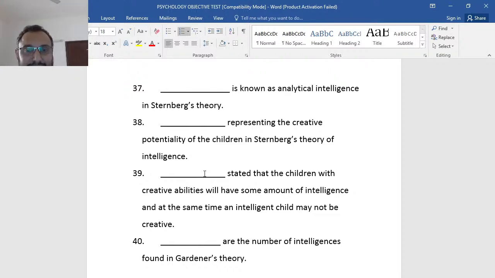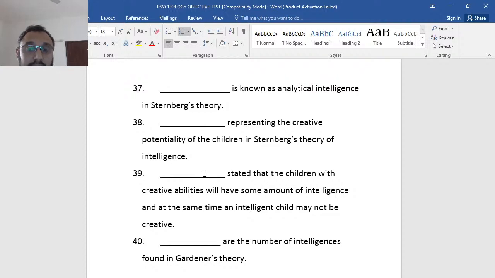39, you see. Dash stated that the children with creative abilities will have some amount of intelligence, and at the same time, an intelligent child may not be creative. This is a famous statement to explain the creativity and intelligence relations by Louis Terman in the 1920s.